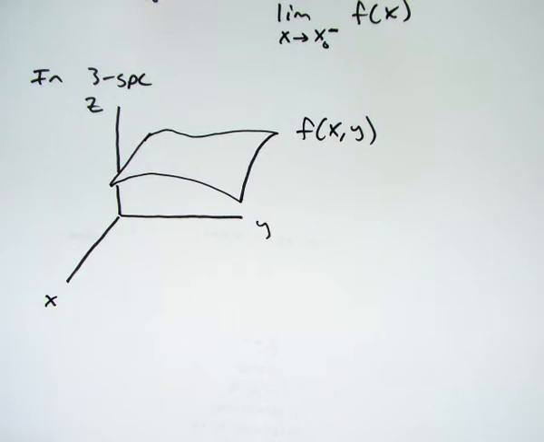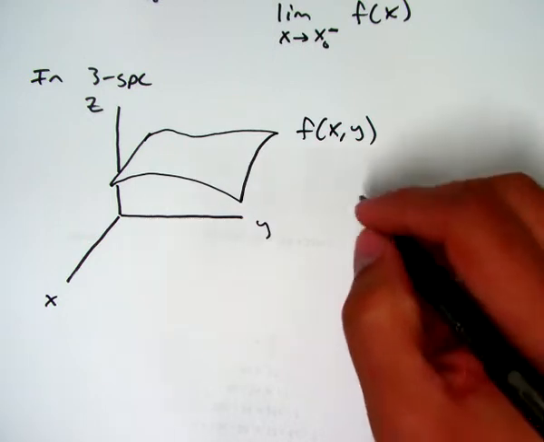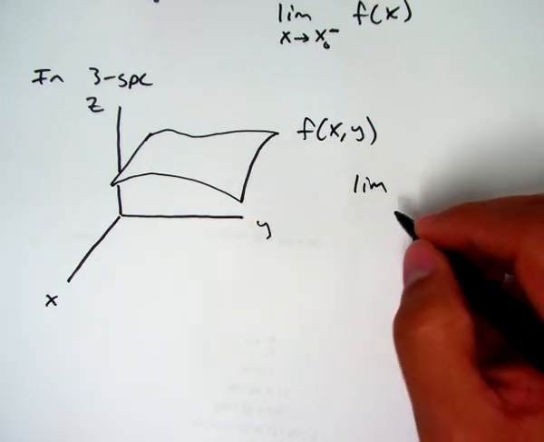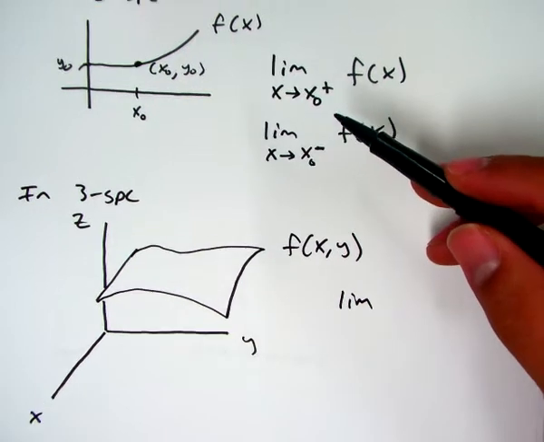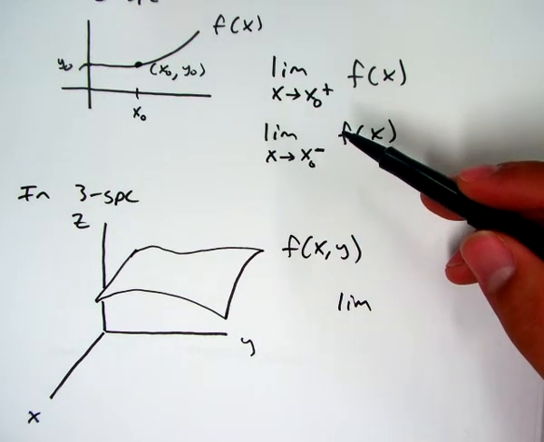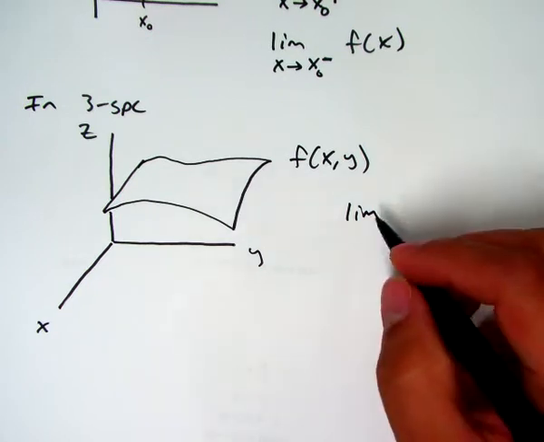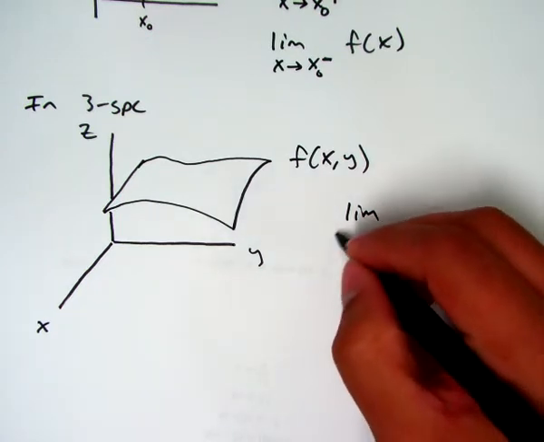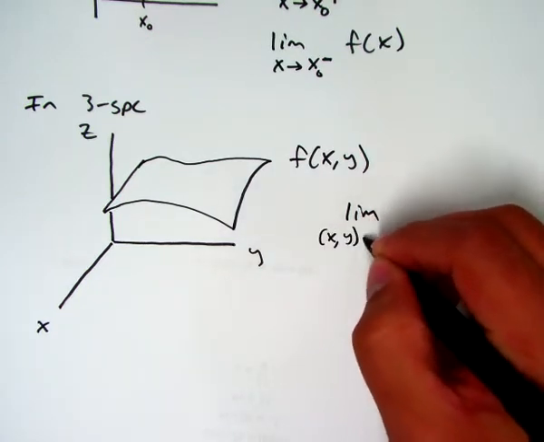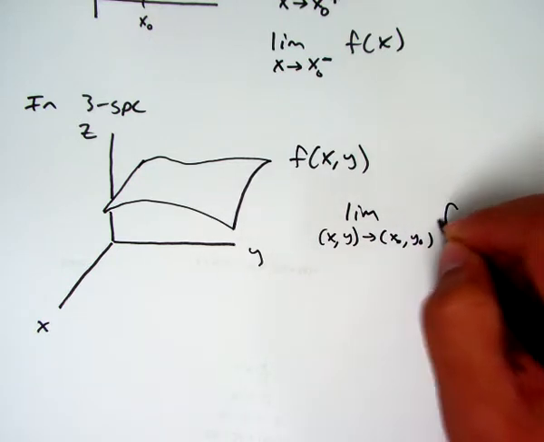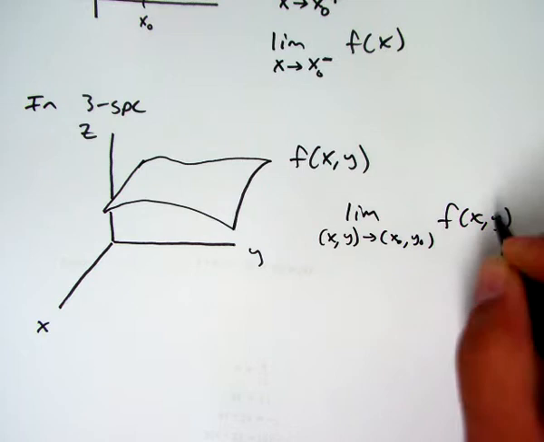And let's say I'm interested in the limit as, well, now it's a little different because in 2 dimensions we had one independent variable. So we would say as x approaches a value, right? Here we have 2 independent variables, so we'd actually look at something like the limit as x y approaches x naught, y naught of f of x y. So this is what we're talking about. We want to know what this is.